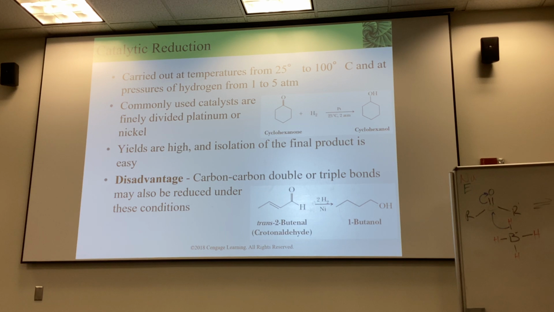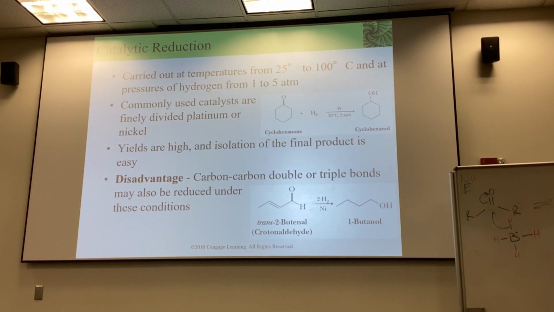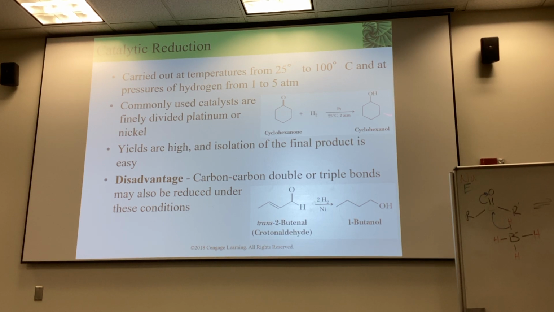That will reduce these guys to alcohols as well, whether you use platinum or nickel. It looks like it doesn't even matter, because platinum would totally do it, and even nickel will do it. These guys will leave your alcohols alone, or it'll turn this into an alcohol and leave it, but if you've got a double or triple bond, it kills that.